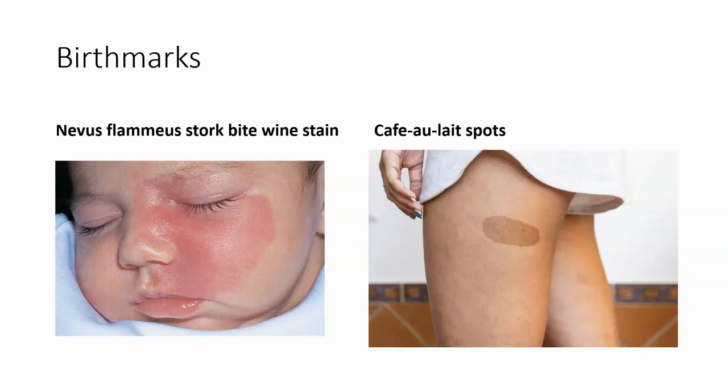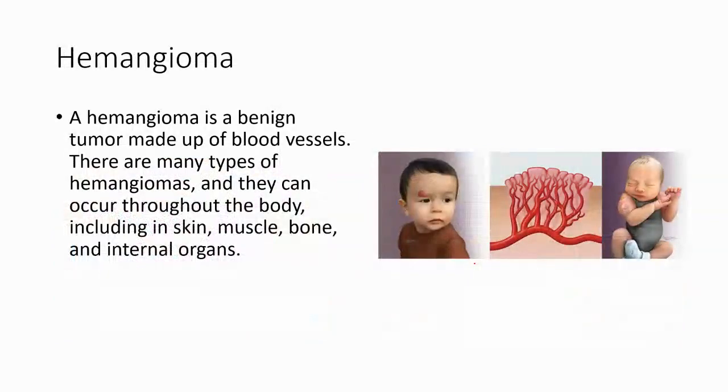But usually by the time the baby starts to become childhood age, these have faded quite a bit, so they're not noticeable. Cafe au lait spot, the same thing. It's a birthmark. This one doesn't fade though. It's just a dark spot that somebody's born with. Again, completely harmless. Just more of an aesthetic type of issue if it causes any issues for anybody.